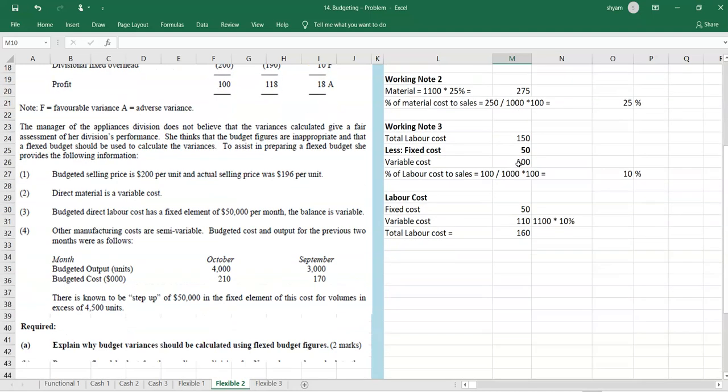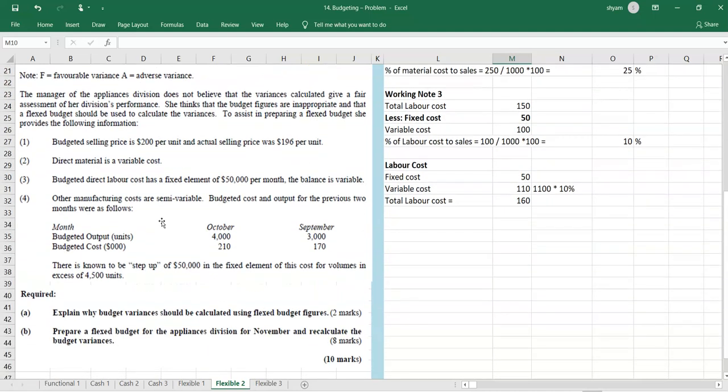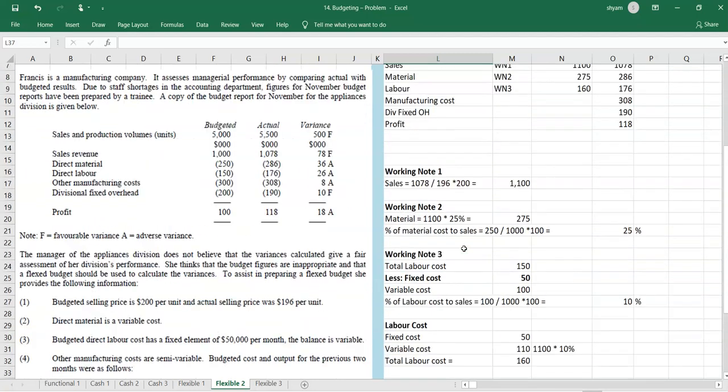So we have got up to labor cost. We still have other manufacturing. Other manufacturing costs are semi-variable and they are aligned in this kind of a setup. So we have to work out working note number 4, other manufacturing overheads.